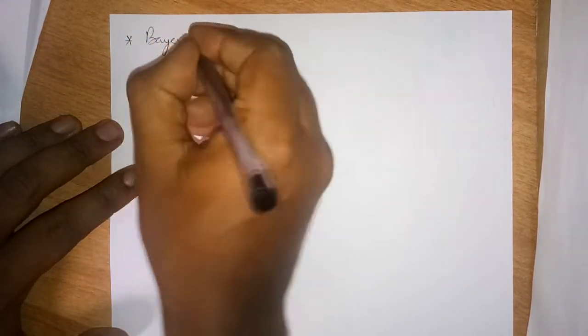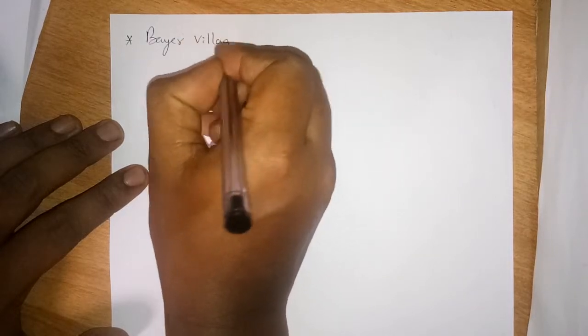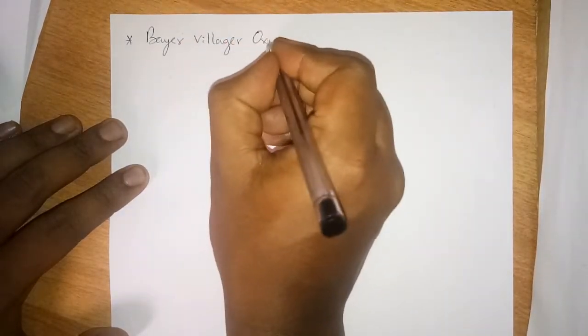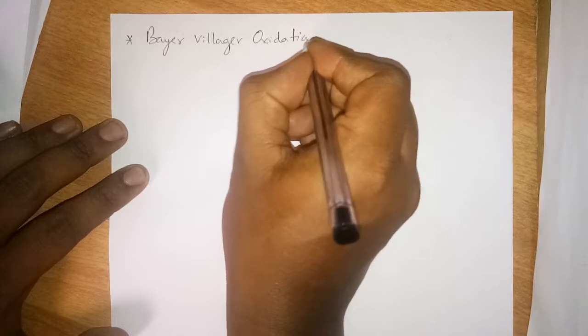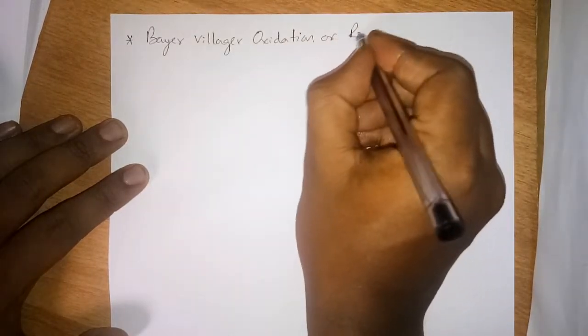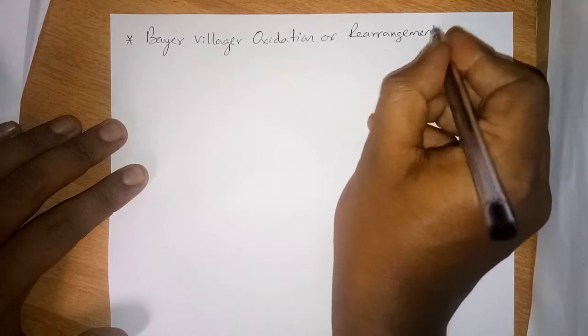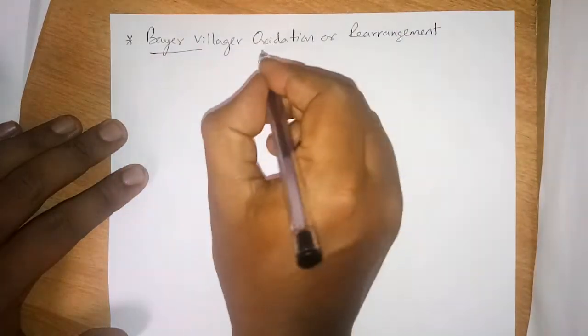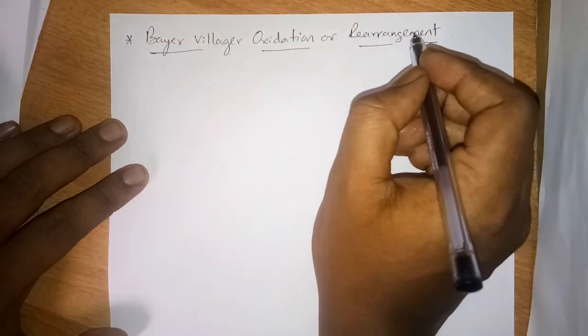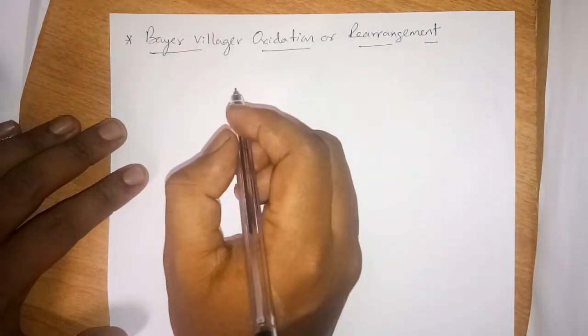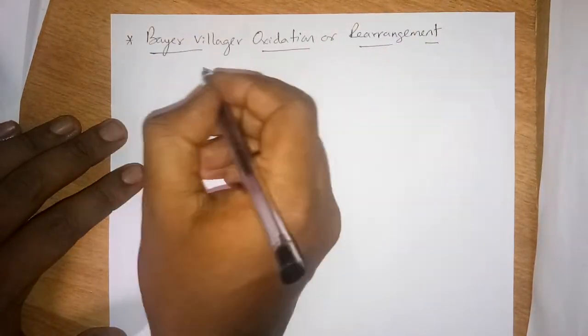So we're actually discussing this Baeyer-Villiger oxidation or rearrangement. This is an important application of acids in oxidations.